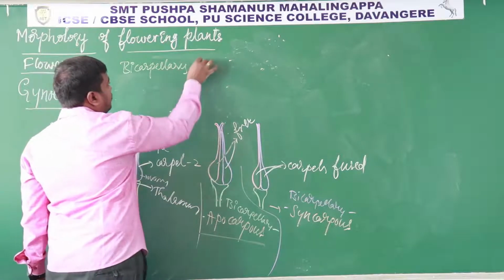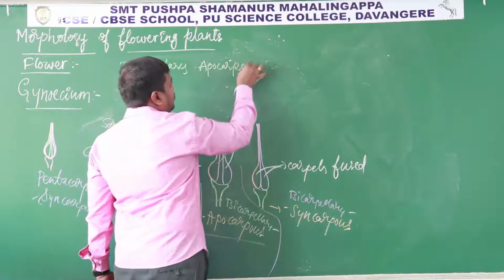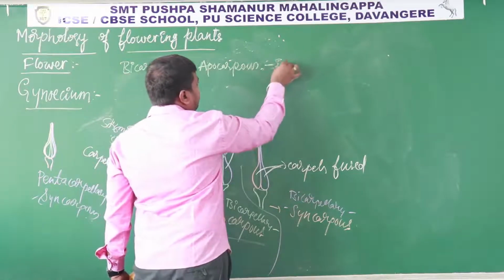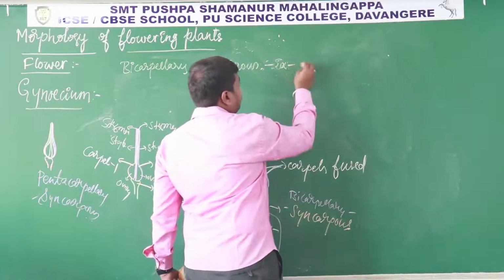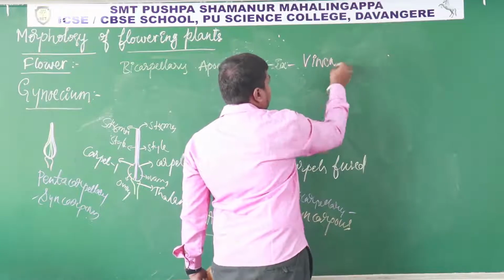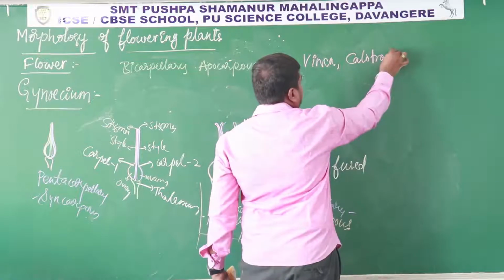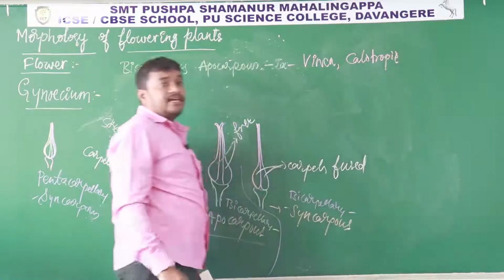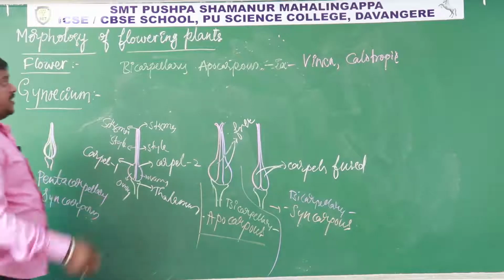Example, we can see this condition in vinca and calotropis. So vinca rosea, and calotropis, the Calotropis plant, has that condition.